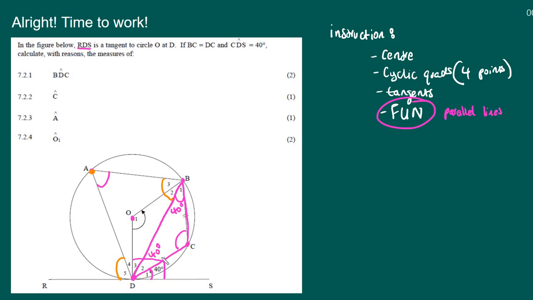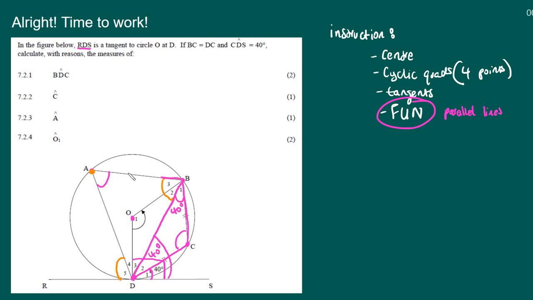Angles opposite equal sides. Now, there is another chord again. Look at the angle between the tangent RDS and the chord DB, right?